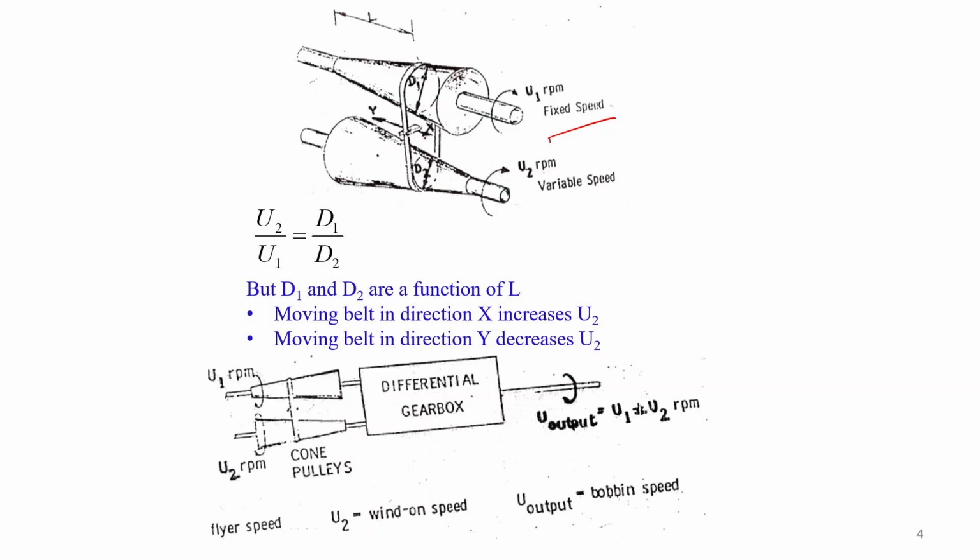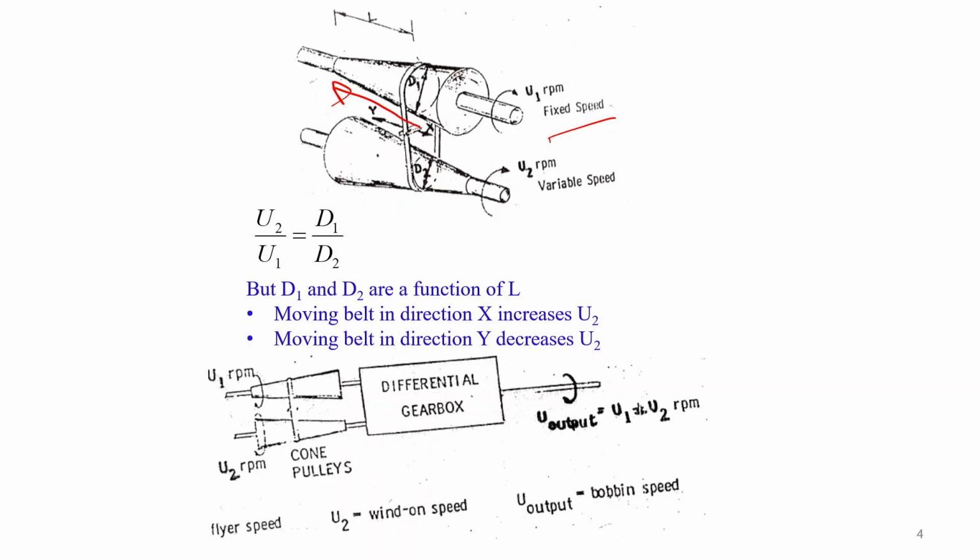Initially, if it is at higher speed, that means the top cone drum diameter will be maximum and the bottom cone drum diameter will be minimum, so it will transmit maximum speed. Gradually, if the belt is shifted towards the lower diameter of the top cone drum and higher diameter of the bottom cone drum, the speed reduces.